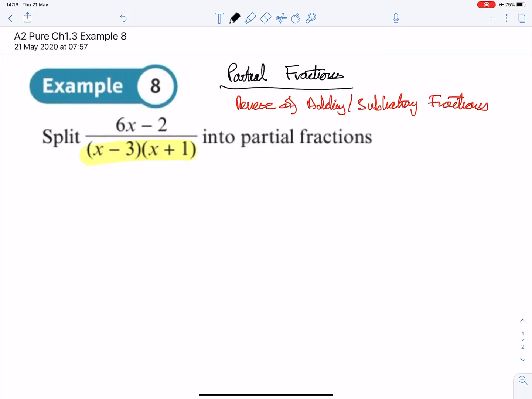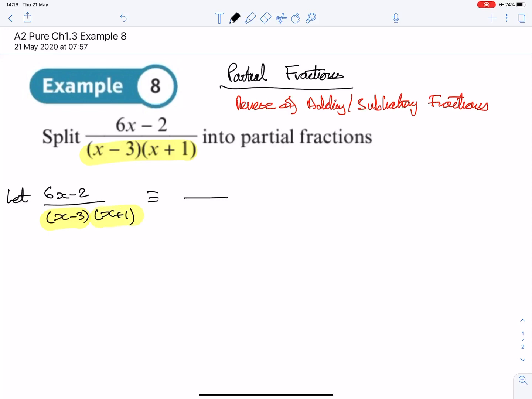Okay, so if we've got 6x minus 2 over x minus 3, x plus 1, we're going to let it be identical to something. And the something must have x minus 3 and x plus 1 as its denominators.